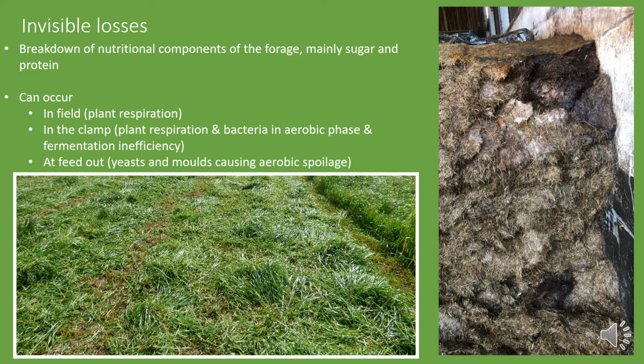In the clamp they can occur due to respiration but also microbial activity when there's oxygen present, and also due to fermentation inefficiency. And they can also occur at feed out where yeasts and moulds cause aerobic spoilage, and this is generally detected either through heating of the clamp, or where you can see visible yeasts and moulds causing that spoilage.